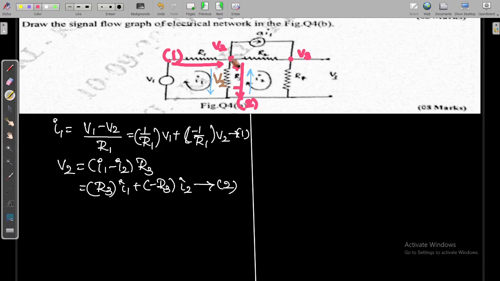It is from here to here. So first we will write this branch: the current is V2 minus V3 whole divided by R2.